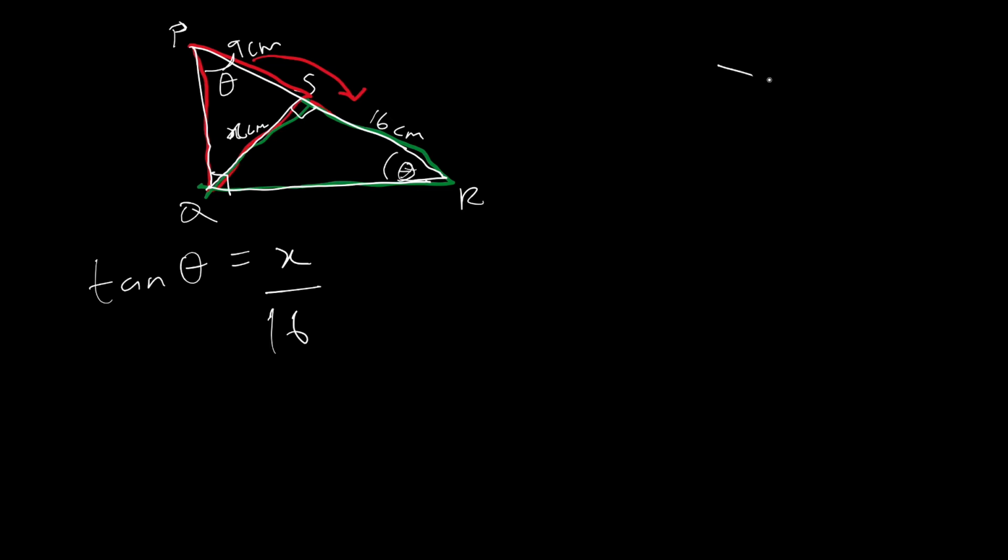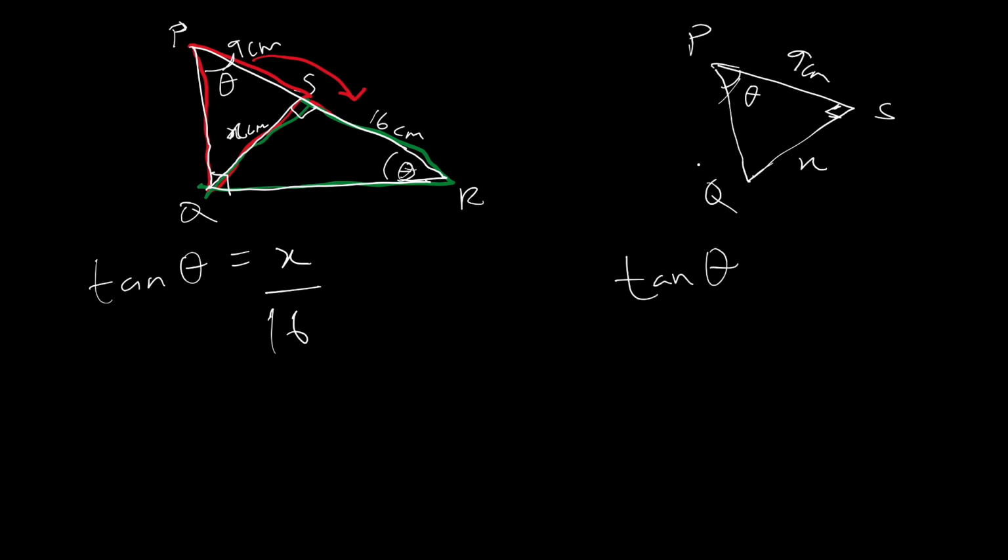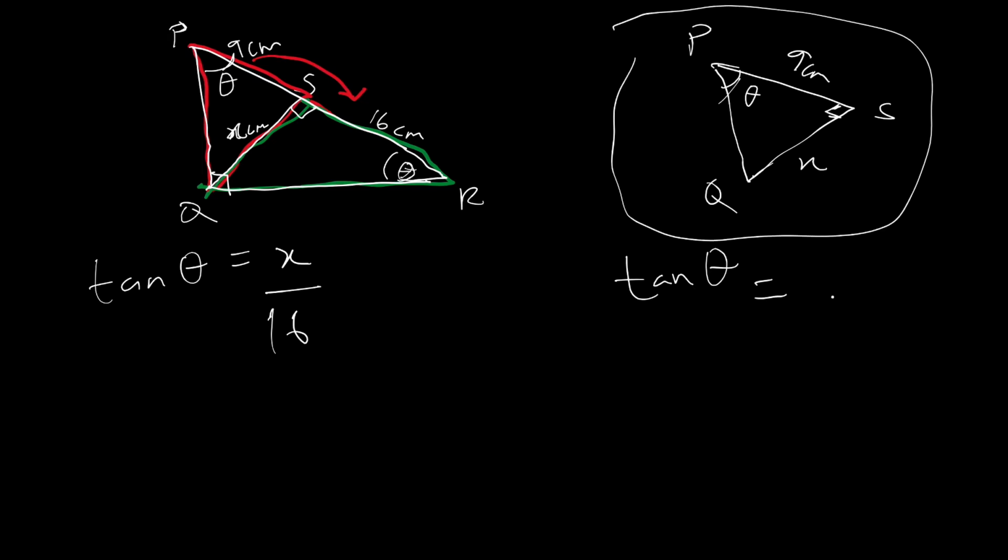So we'd have something like this: P, Q, and S, this side being theta and this side being 9. This being our S. Our tan theta here in this particular diagram would be equal to opposite, which is X, over the adjacent, which is 9. But we know that this triangle is the inverse of this triangle.